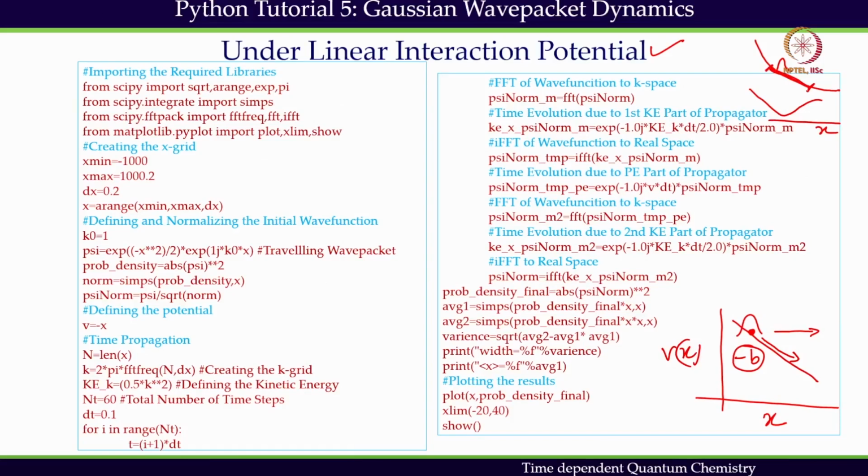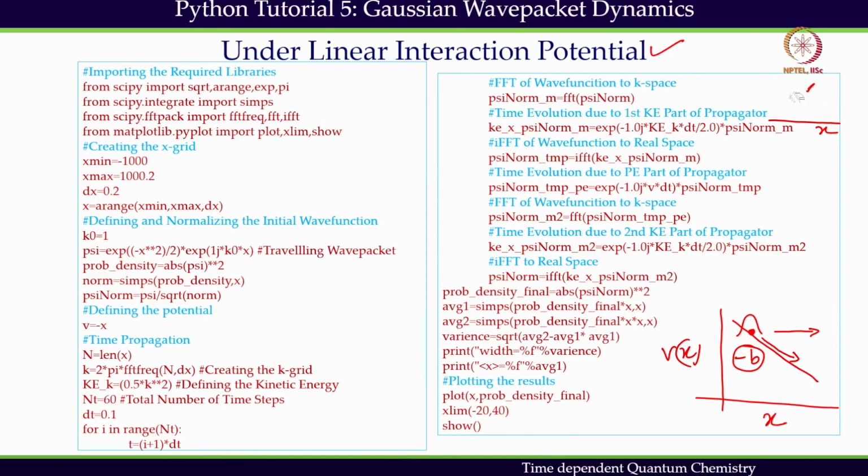So a linear potential can be considered to be a dissociative potential in a simple form. And to understand it, remember, the linear potential problem can be solved analytically using the technique which we have discussed in the translational motion of a quantum particle, and we'll see whether we can represent the same thing numerically.